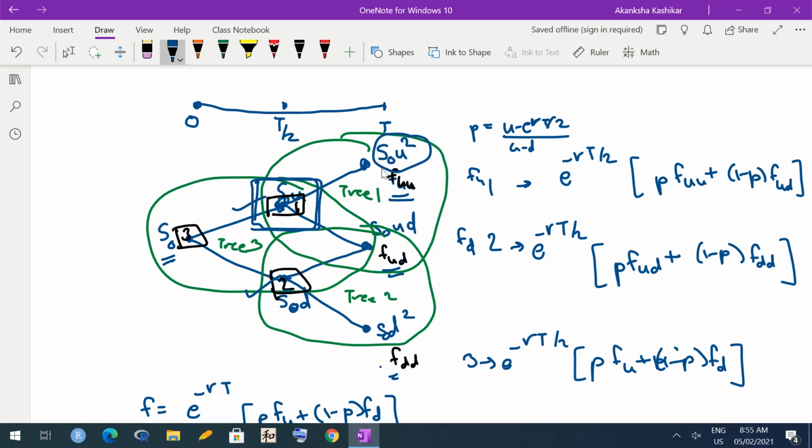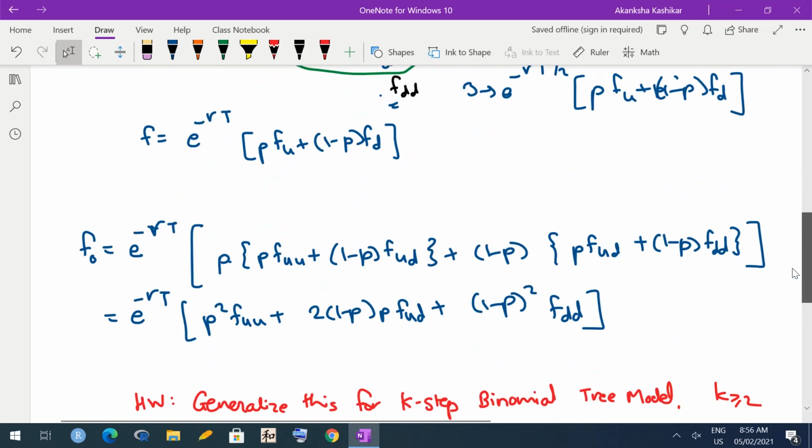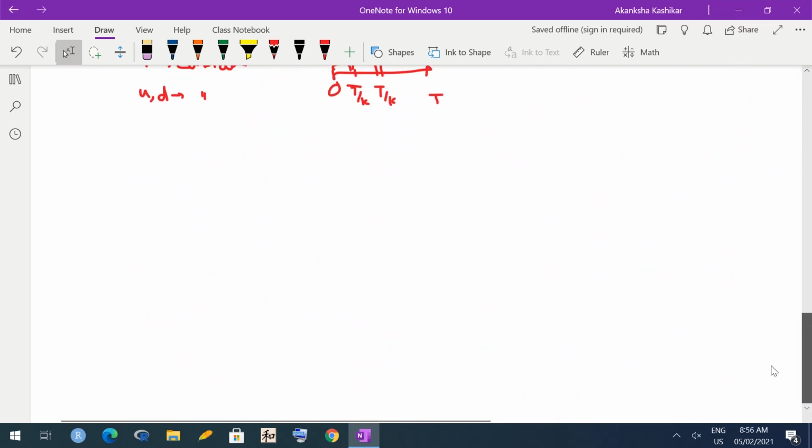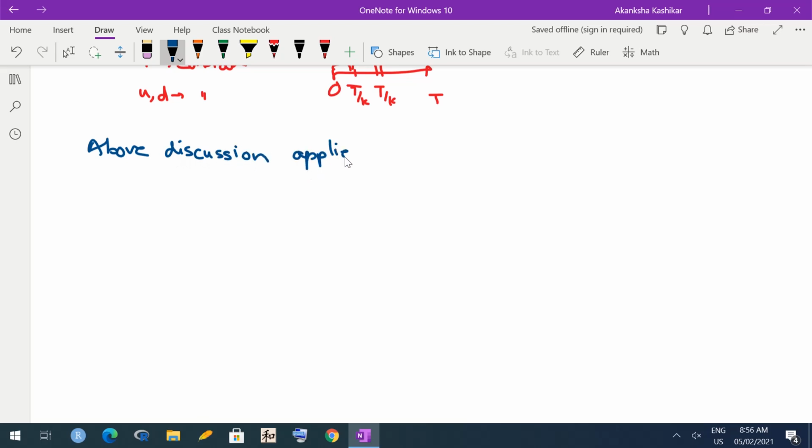Okay. So for American options, these formulas are not going to work. So you need to do something else. So let us see now what can be done for American options. Okay. So the above discussion applies for European options, either call or put, both.